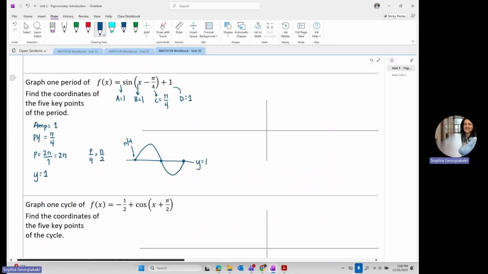The amplitude is 1, so this y will equal 2. I'm going to be back to y equal to 1, and this y will equal 0, and then back to y equal to 1. So the question is, what are the x values? I know this is pi quarters, but what are the other x values? So every increment is pi over 2.